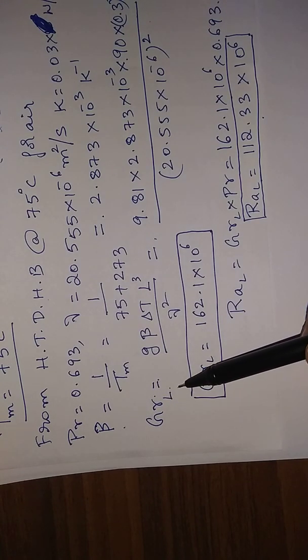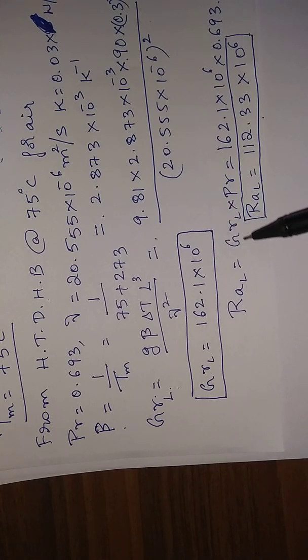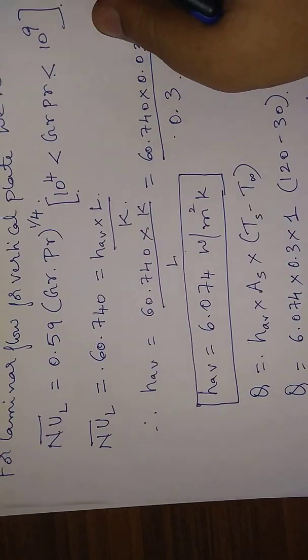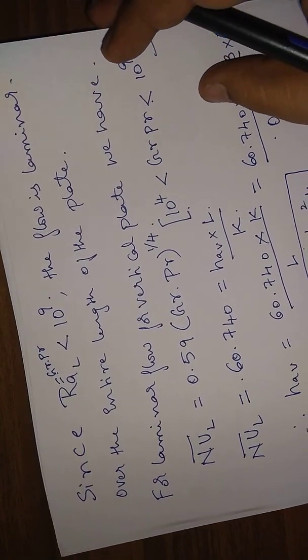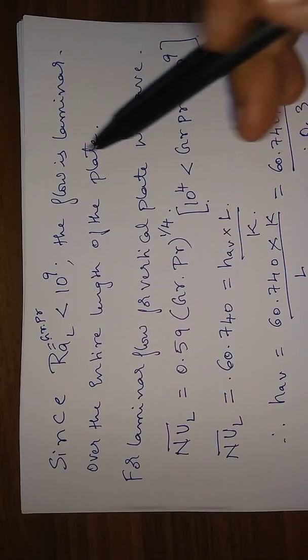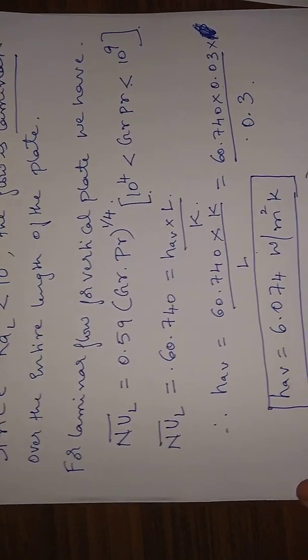Calculate Grashof number, which is turning out to be 162.1 into 10 to the power of 6, and Rayleigh number, which is the product of Grashof number and Prandtl number. You have to conclude whether the flow is laminar or turbulent. Since Ra is less than 10 to the power 9, the flow is laminar. This is a very important judgment that any student has to make.